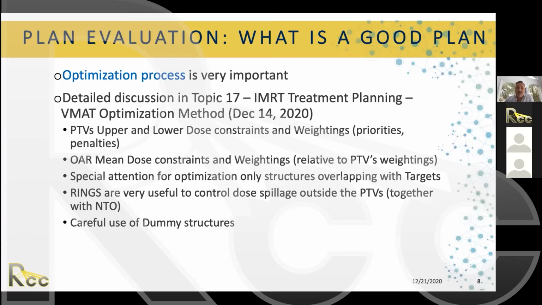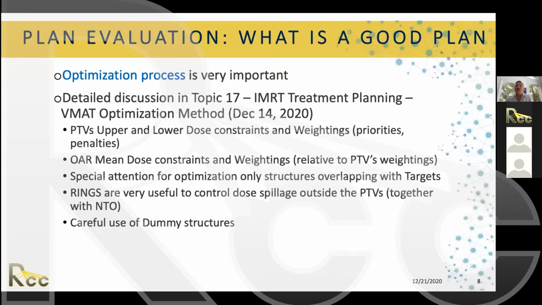So again, to get a good plan, you need to have good contours and, think about it, a good beam arrangement, just to make sure that it makes sense, and the optimization progress is also important. So that will answer our question of what is a good plan, because it's not only to make sure that you have good target coverage and have met all the constraints for the ORs, it's also a little beyond.